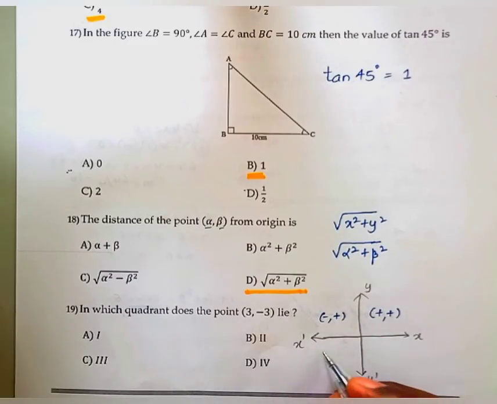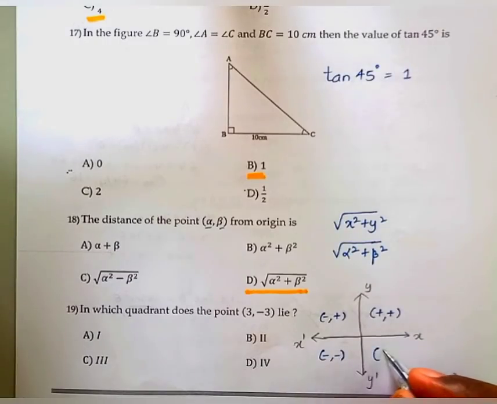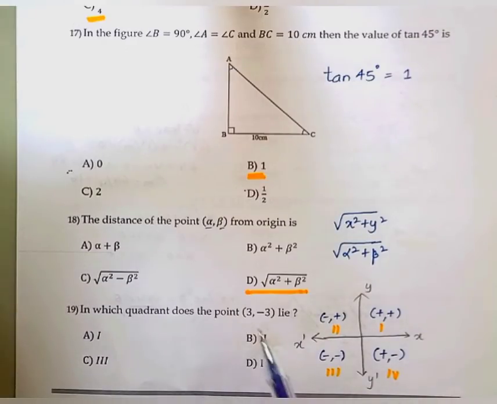In second quadrant, x is minus, y is plus. In third quadrant, x is minus, y is minus. In fourth quadrant, x is plus, y is minus. Therefore, the point 3, minus 3 will lie in the fourth quadrant. Therefore, the correct answer is option D, fourth quadrant.